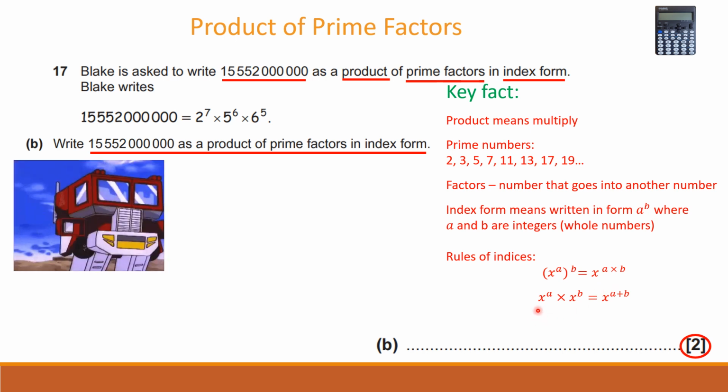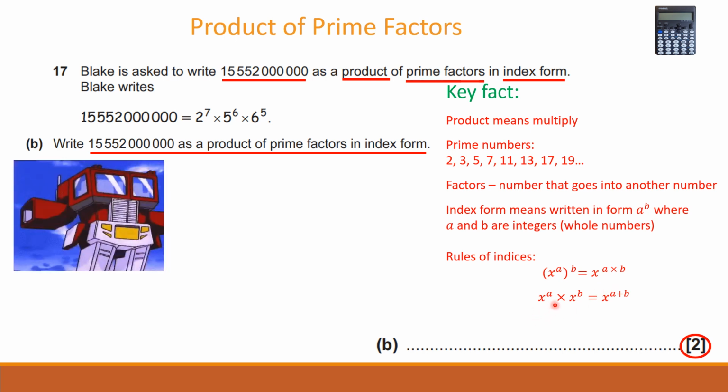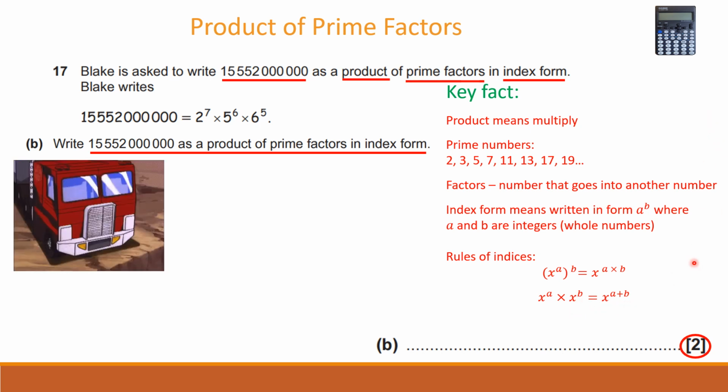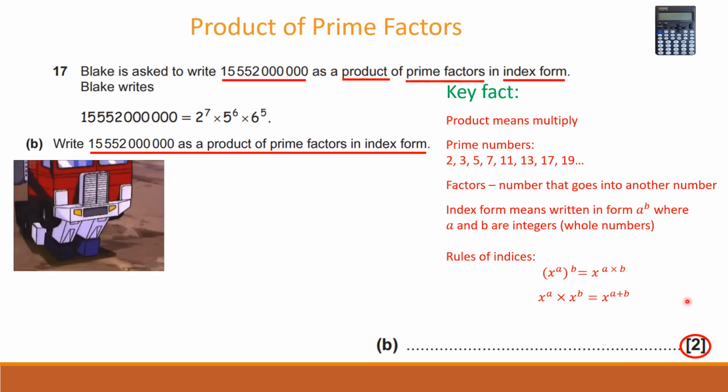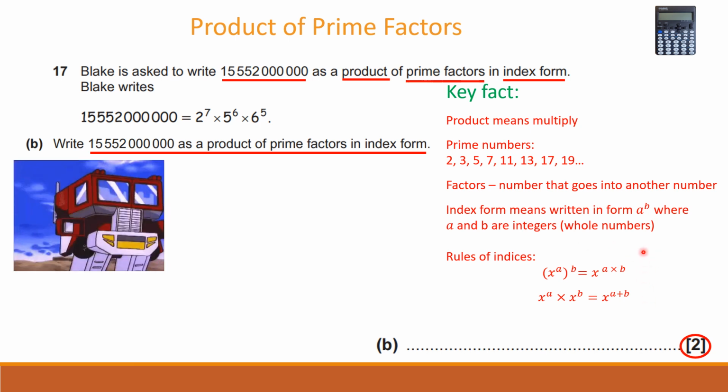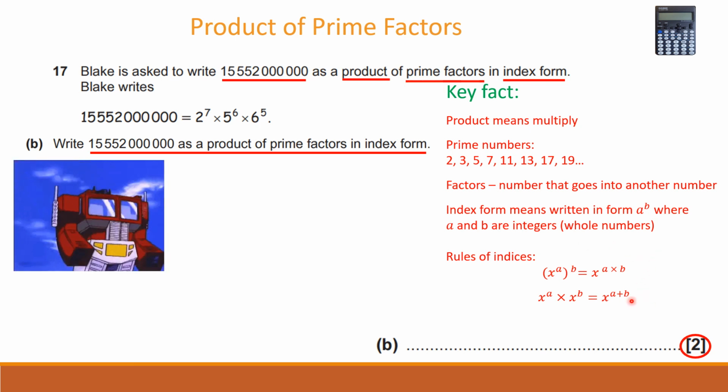And then the power rule for adding, you've got x to the power of a times x to the power of b is equal to x to the power of a plus b. Any of these keywords or formulas that you're unfamiliar with, make sure you've written them down with your keywords and highlighted them and stick them in a bubble. These rules of indices are really important that you know how to use and apply them.